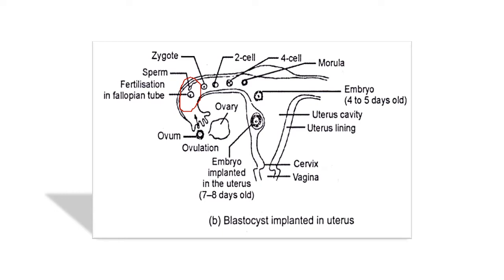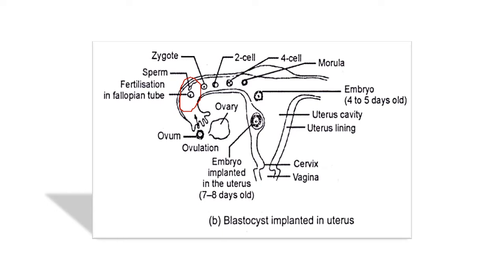The zygote is formed at this ampullary isthmus junction, and as it undergoes cleavage divisions, it moves simultaneously towards the uterus. And finally, after formation of the blastocyst from the morula, on the 7th to 8th day after fertilization, this blastocyst or embryo is implanted, embedded in the inner wall of the uterus.